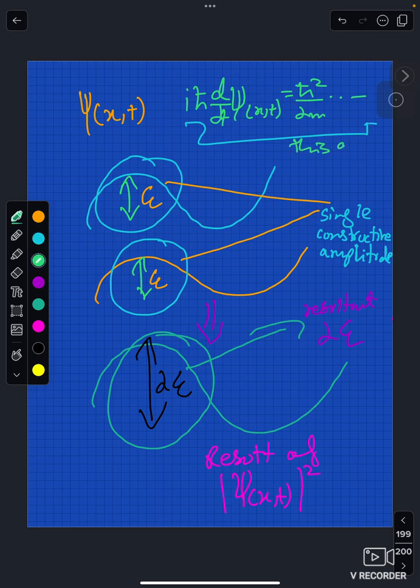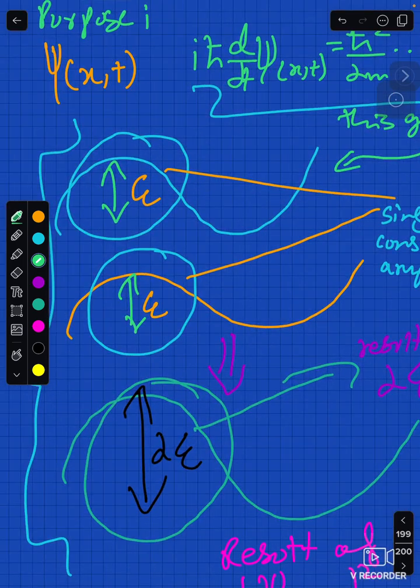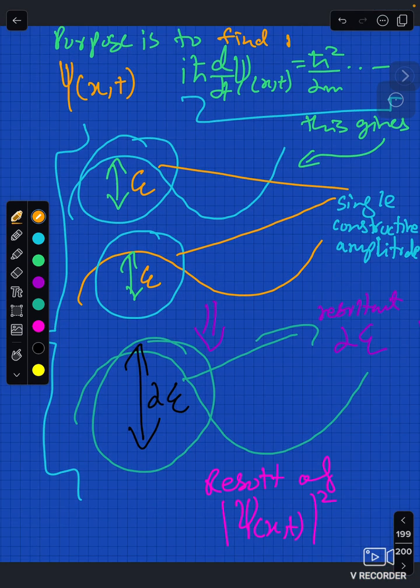This gives the result of our wave functions, and again our purpose here is to find x.